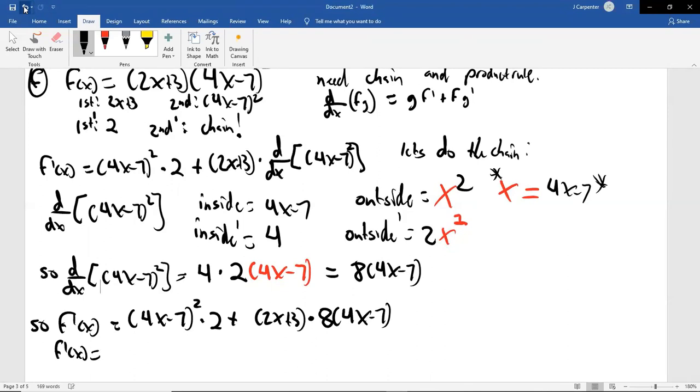Put constants in front. So the 2 needs to go in front. So 2 parentheses, 4x minus 7 squared, then plus 8, put it in front. And make sure you close the parentheses after the 7. So 8 parentheses, 2x plus 3 times 4x minus 7.